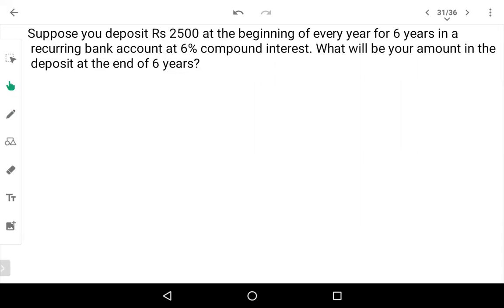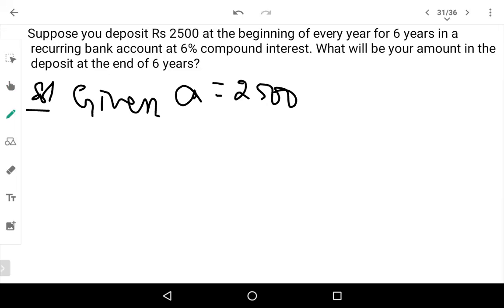Now let us define what all is given to us. Solution: annuity is 2500 every year, number of years is 6, and the rate of interest I is 6%, which is 0.06.